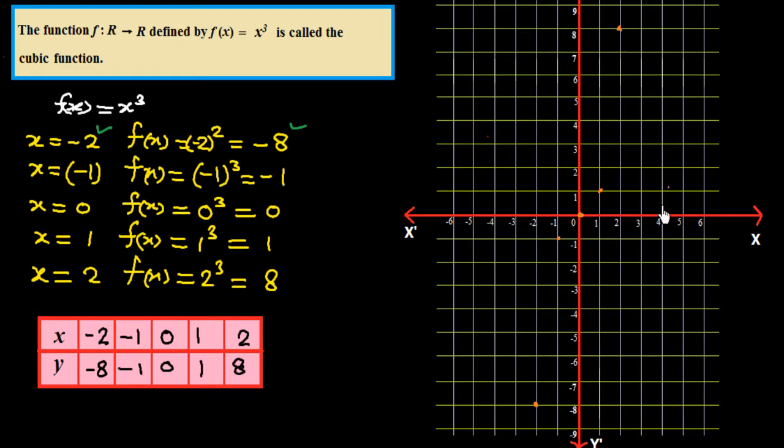Similarly we will get points if x is equal to 3, y is equal to 27, and x is equal to minus 3, y is equal to minus 27. In this way we get the numbers or the coordinates for the graph of the cubic function. Now we draw the graph here.